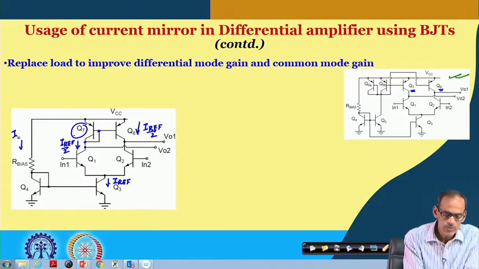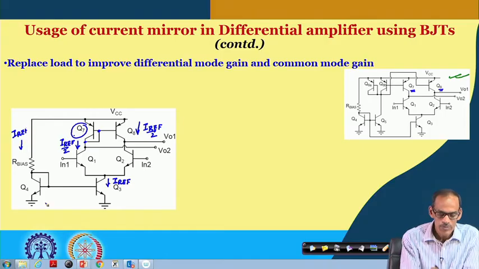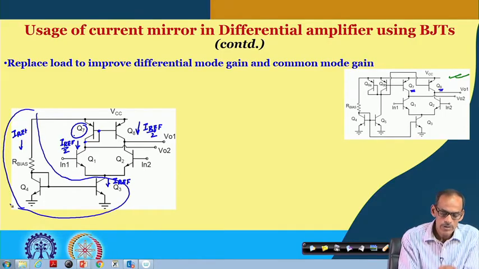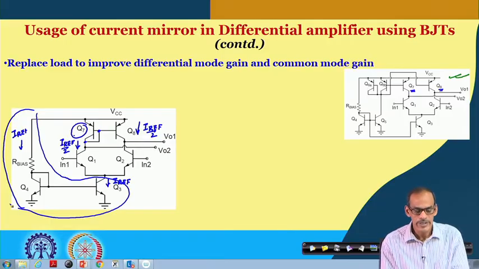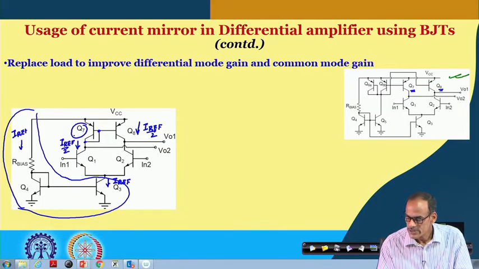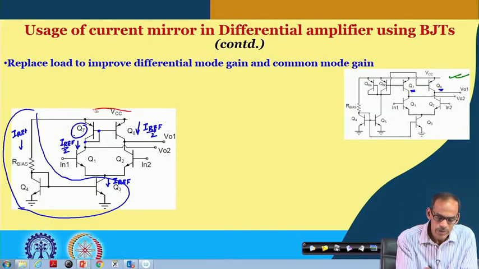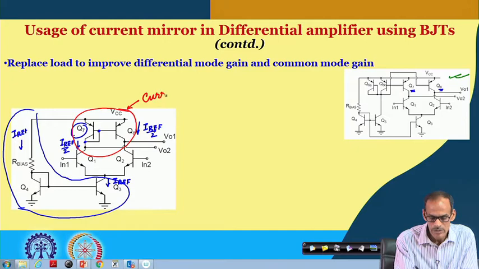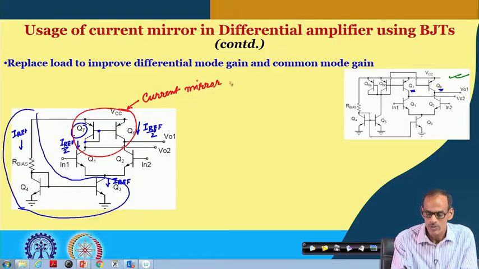So, what we are looking for here is, we simply have this portion with a current mirror bias, and in addition to that we also have a current mirror load. So, this kind of load is referred to as current mirror load.